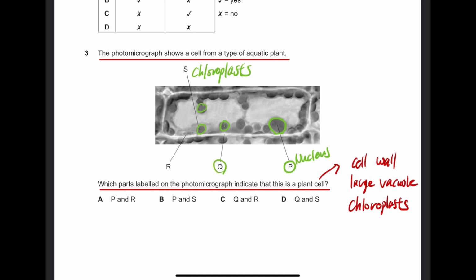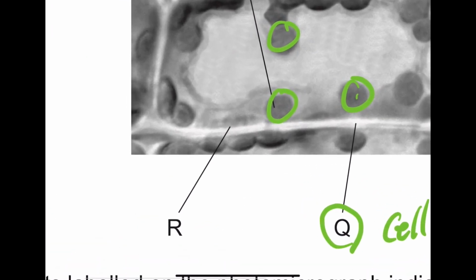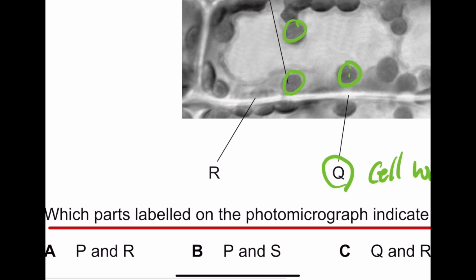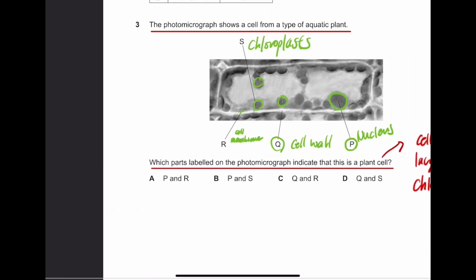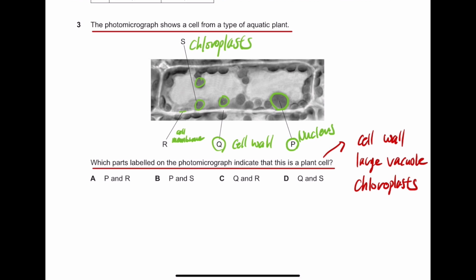And Q, of course, is the cell wall. P is a bit confusing, but it's actually attached to the cell wall here, so it must be the cell membrane. Hence, chloroplasts and cell walls are the characteristics of a plant cell that distinguish it from animal cells. So the answer should be Q and S, D.